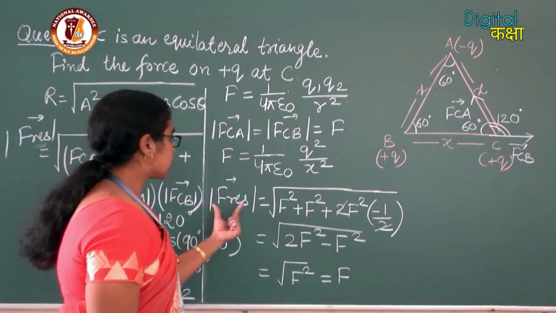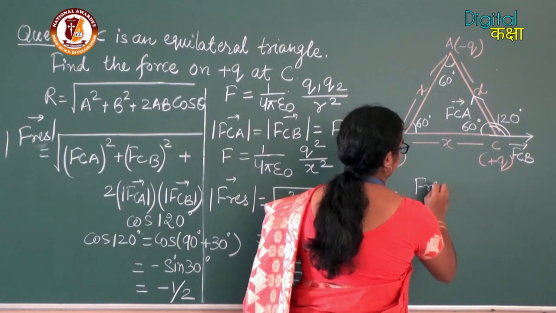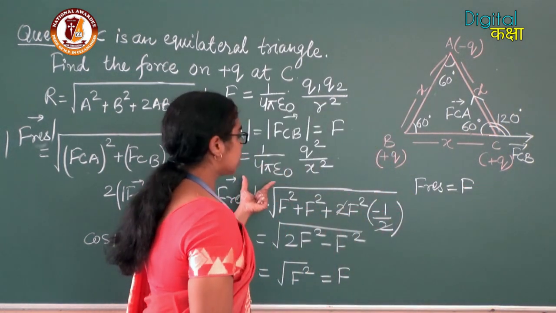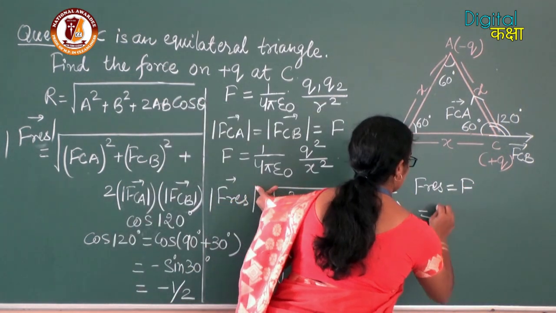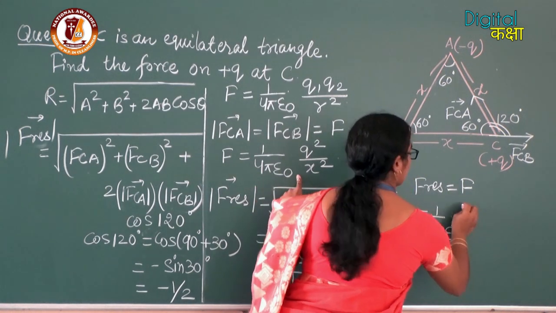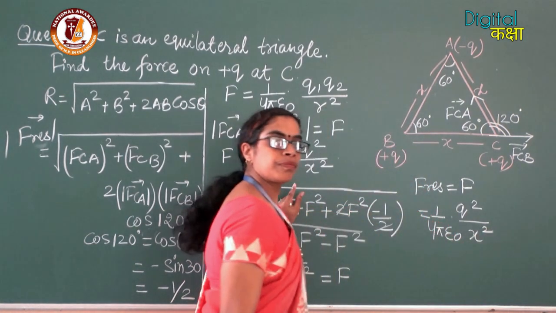So in this case, the value of F resultant is obtained to be equal to F, which can be written as 1 upon 4 pi epsilon naught q square upon x square.